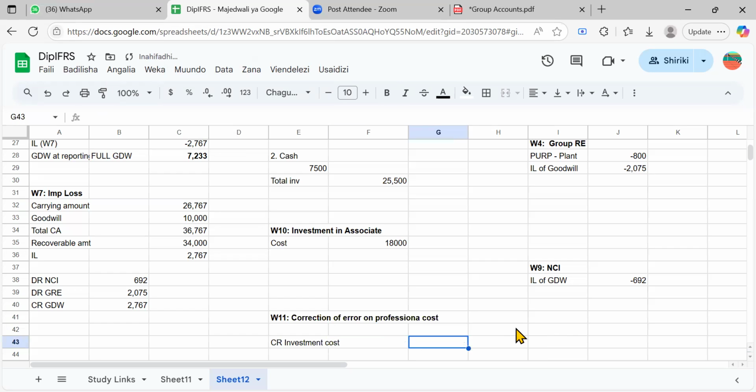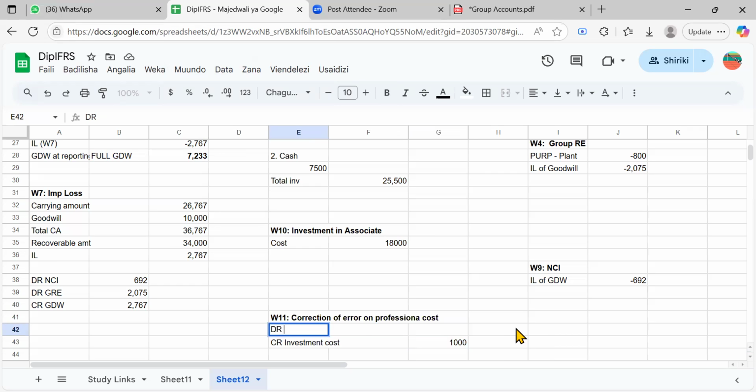Let me write it here so that you can see. And then we say, this should have rightfully been expensed. It should have gone to the statement of profit or loss. But remember, it is the parent that paid, so it should have affected the profit of the parent, not of the subsidiary.